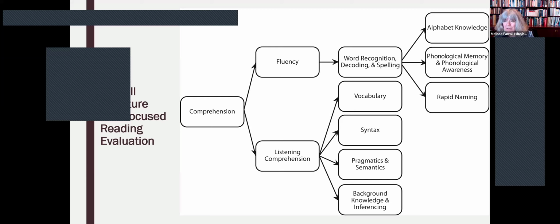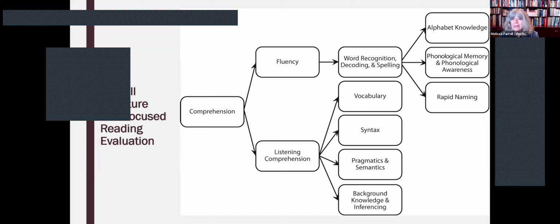I don't have a visual for you on it, and I really should just redo these charts, but they're not so easily done. They can take hours. Really what I would do is take that whole listening comprehension and put it on a parallel level with reading, decoding, and spelling, as being a contributing factor to reading fluency.